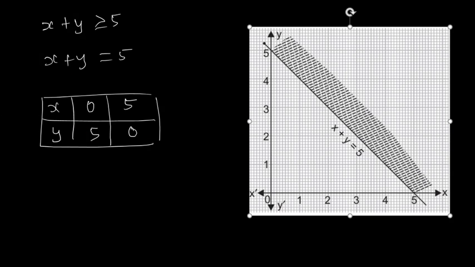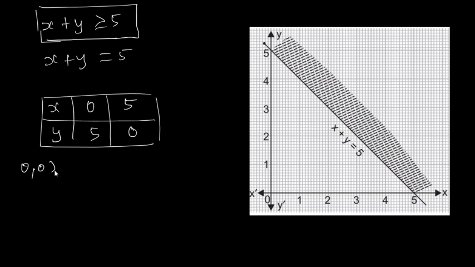Do you understand? Now what we are supposed to do? We need to represent the inequality. That you have to remember. So put 0, 0 and check this. 0 plus 0 is greater than or equal to 5. This is not true.